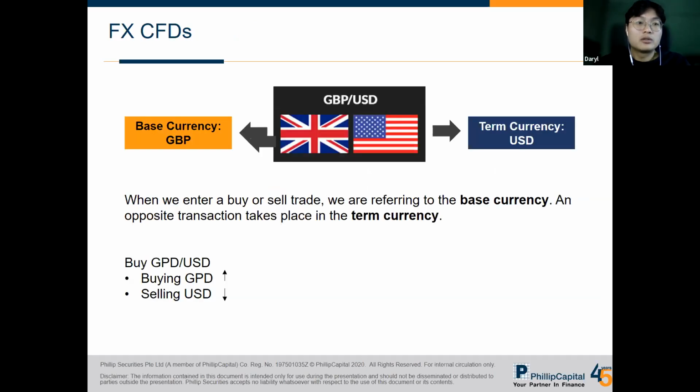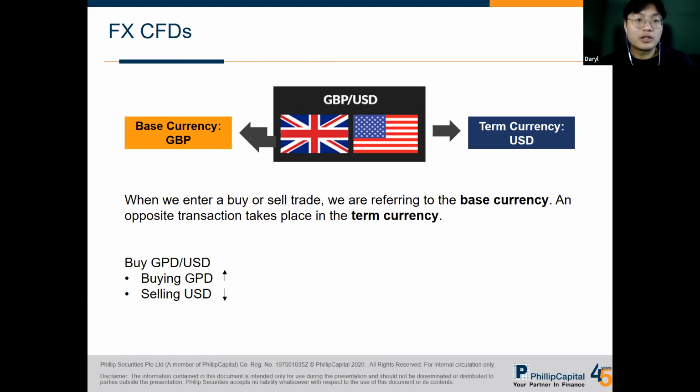Next we have the FX CFD. When we buy or sell or trade FX, we are referring to the base currency. An opposite transaction takes place in the term currency. Let's use pound.